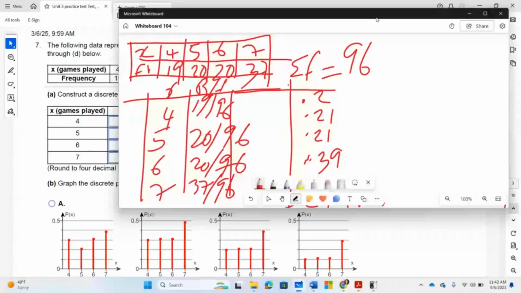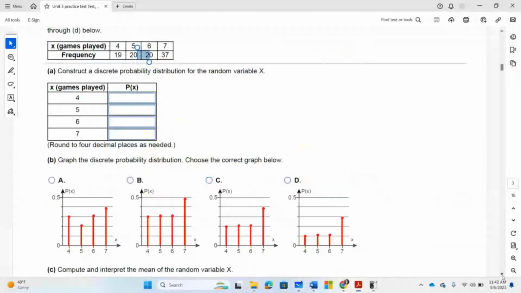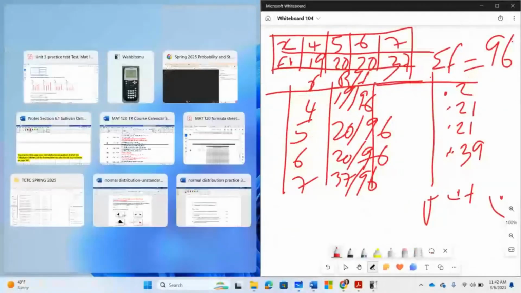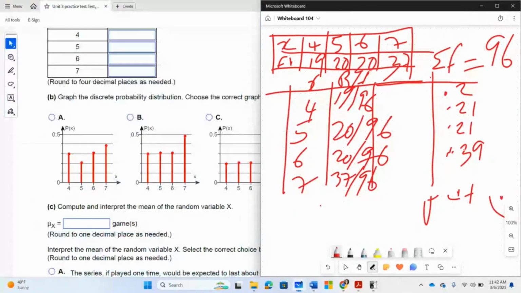Now I'm about to look at the probability. The highest probability is the last one, 0.39. So the first one is the smallest. So it cannot be this, because the first one is the smallest. It cannot be this also. So let's pull it to the left here.